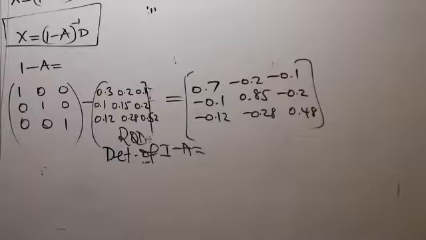So determinant of A, according to Offait, is 0.219. 0.219. How about Lucy? How about Kadra? How about Match?